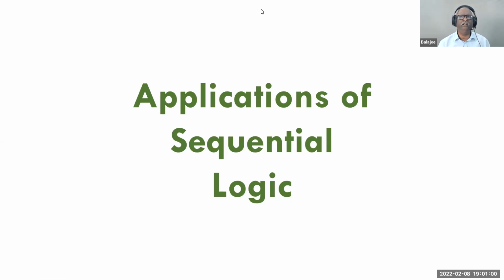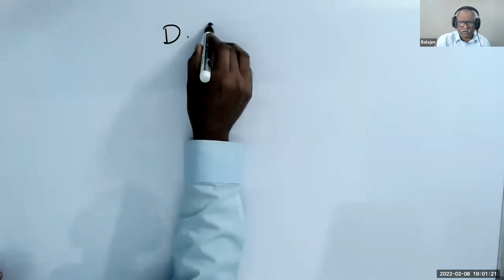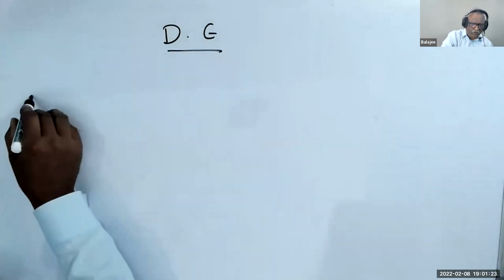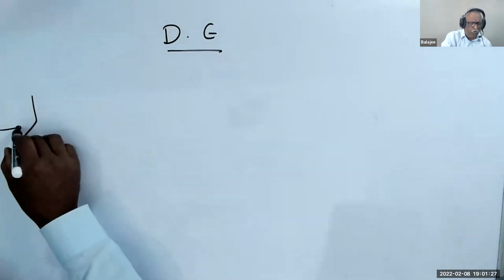Understand? As I mentioned to you, we should be very clear about this logic. They are the fundamentals. I tell you once again, the whole of digital electronics starts with a switch, remember, and you control a switch through voltage.